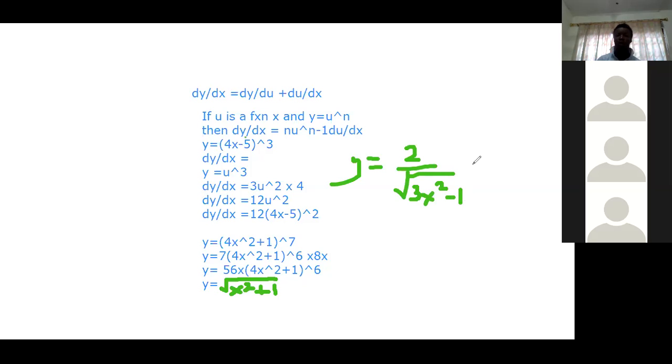So y is equal to 2 all over root 3x squared minus 1.